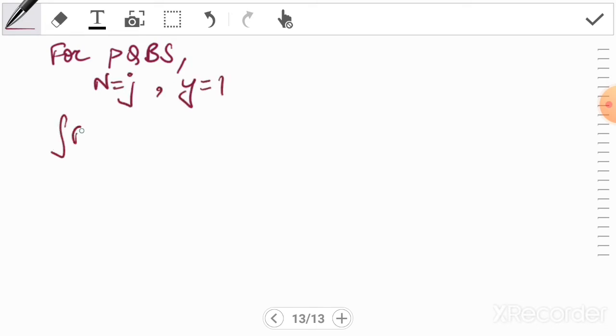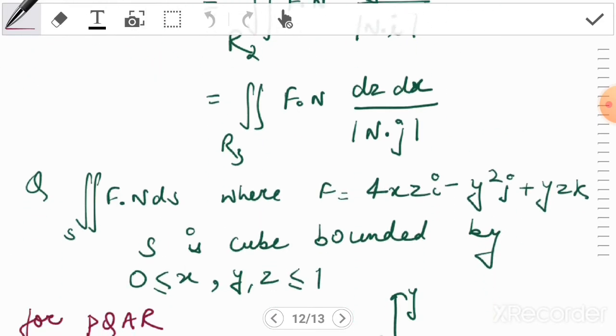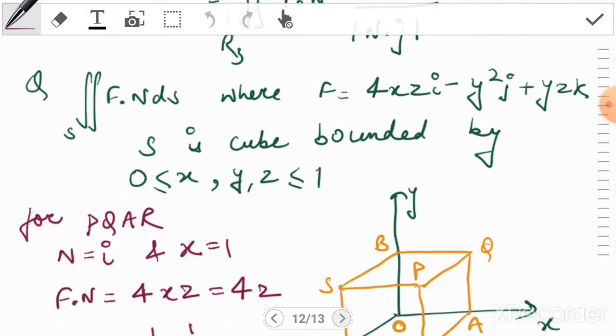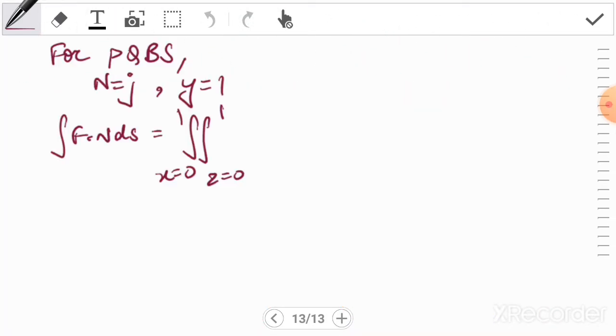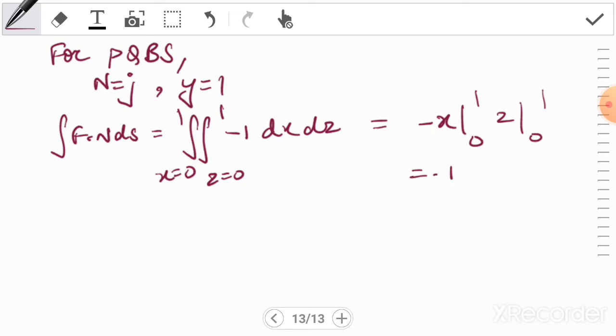So the integral of f dot n ds is x from 0 to 1, z from 0 to 1, of minus y square, which is minus 1 dx dz, right? So minus x from 0 to 1, z from 0 to 1, which is minus 1.